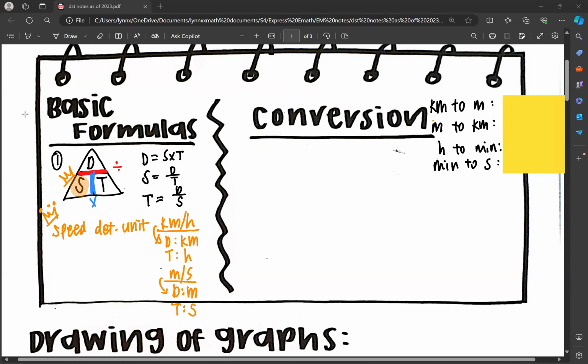Okay, so since now we are at this, you all need to understand the conversion because a lot of students here are very bad with your conversion. So conversion means what? You want to go from km to meters. How do you go from km to meters?